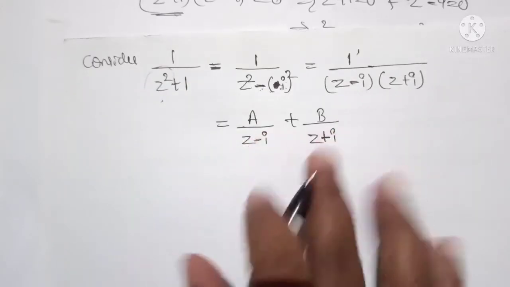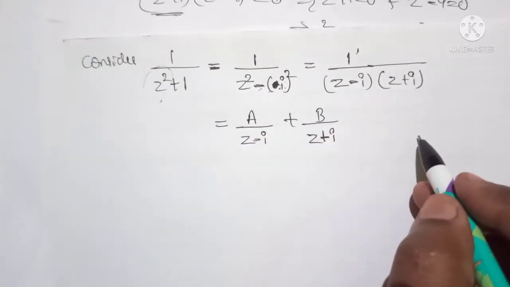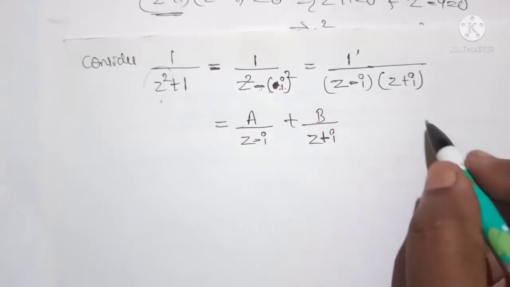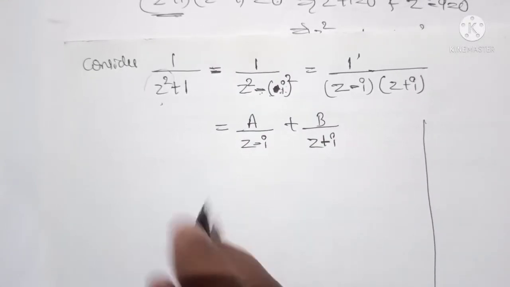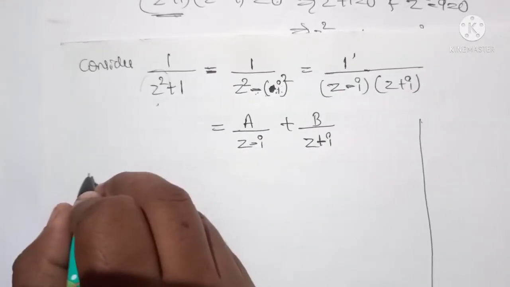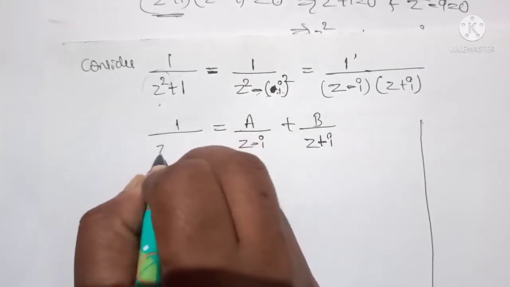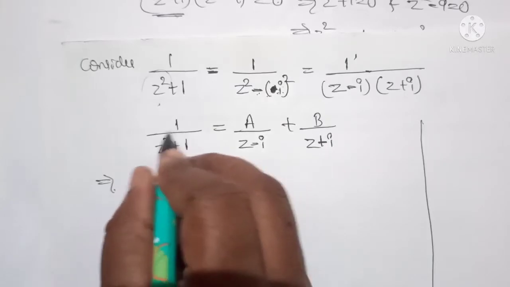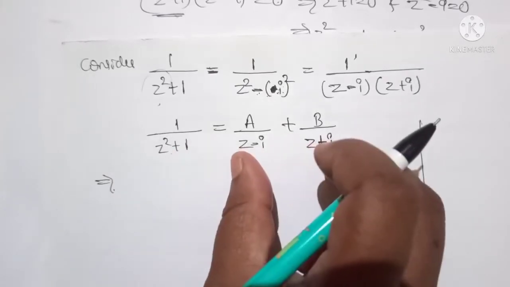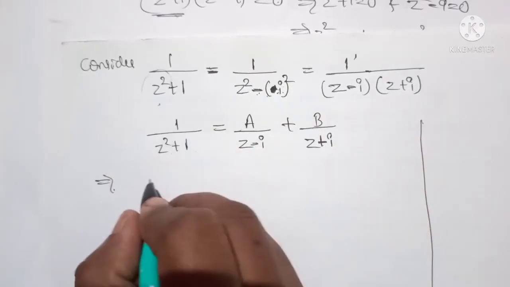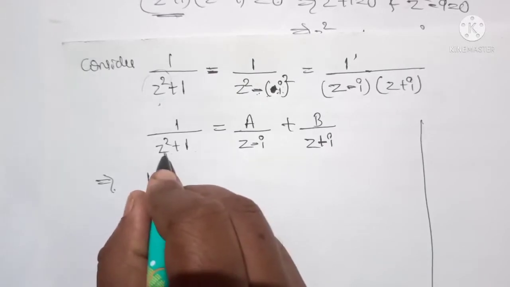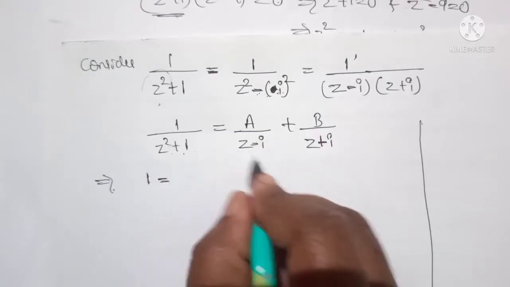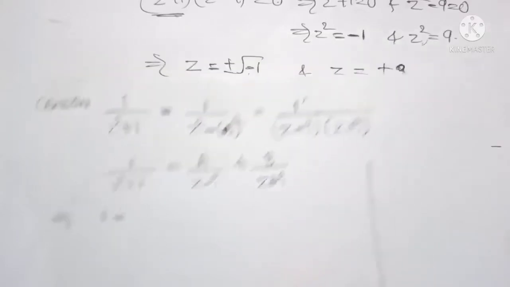We find the a and b values, which you can calculate in the rough part or here itself.